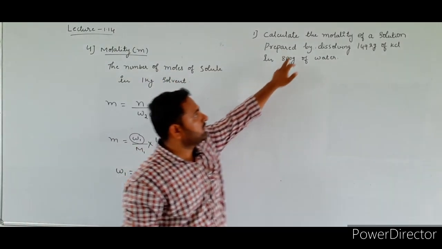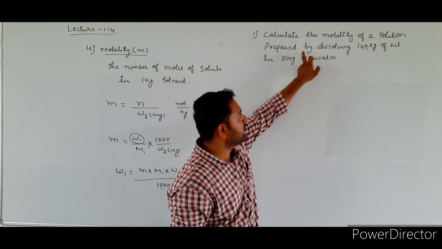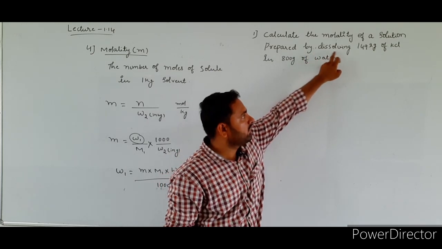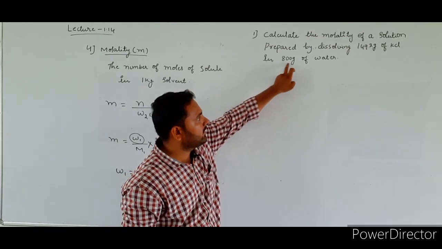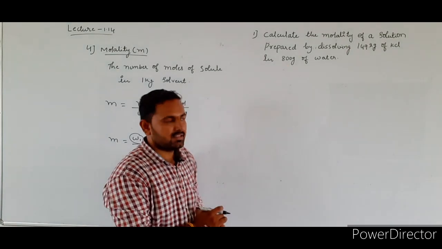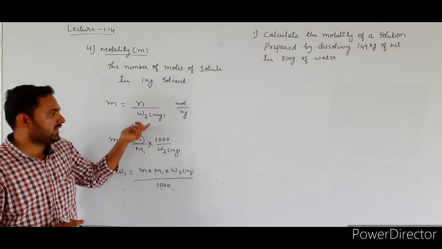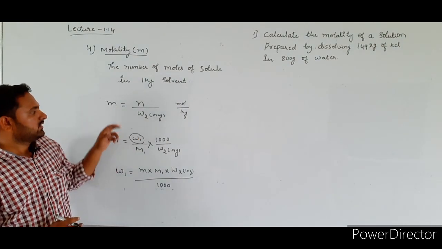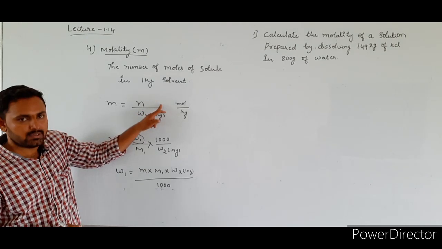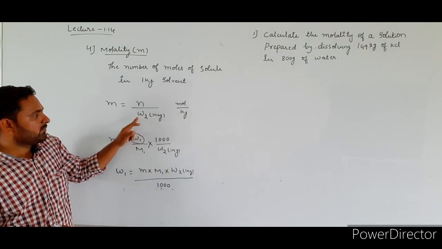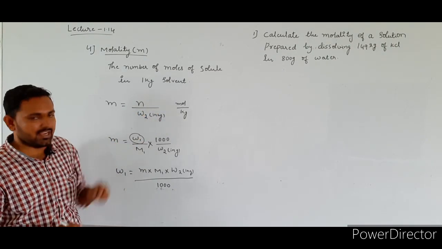First one, calculate the molality of a solution prepared by dissolving 149.2 gram of KCl in 800 gram of water. According to the mathematical expression, molality is equal to number of moles of solute divided by mass of solvent in kg.